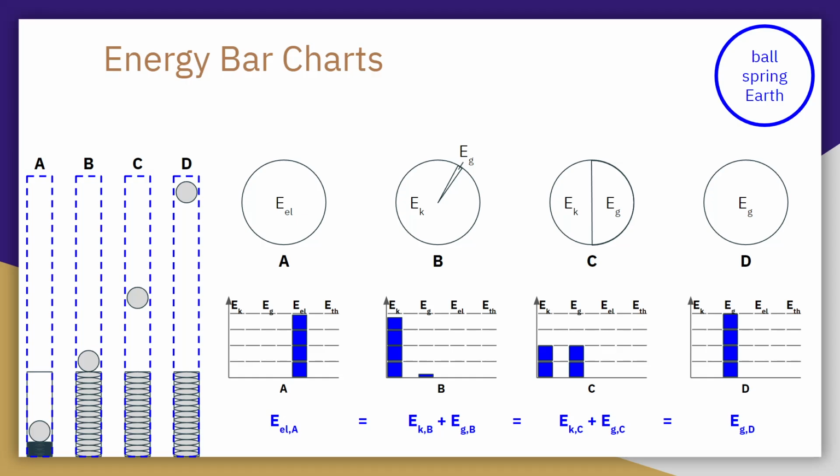But this right here is going to be an example of how we can construct energy bar charts when we have a constant energy internal to our system that is not experiencing any changes in energy. We can look at the same situation, but change our system.